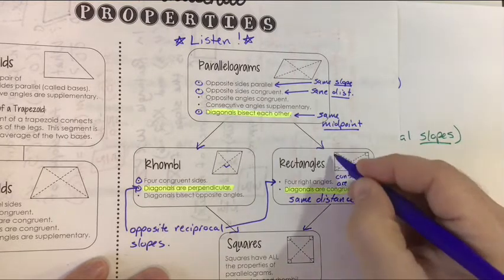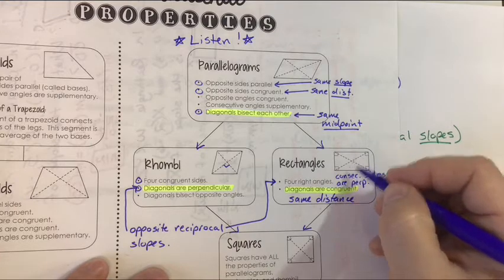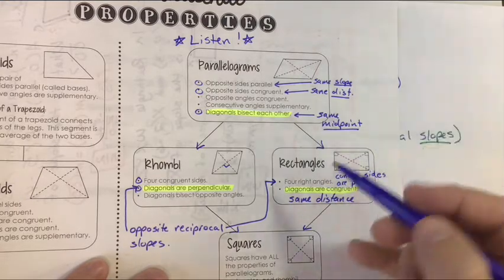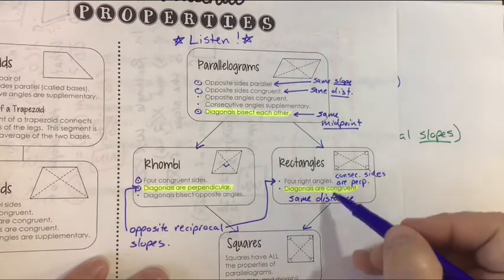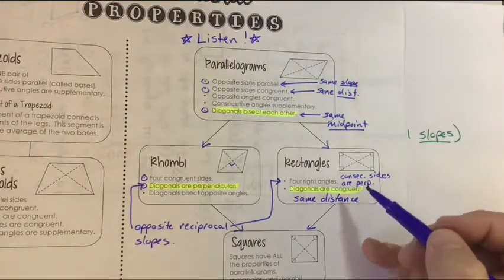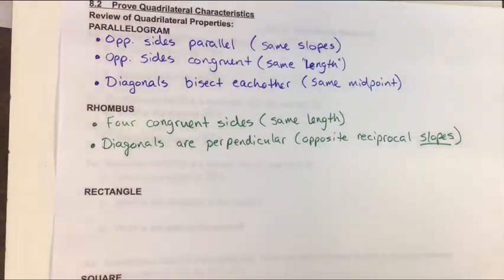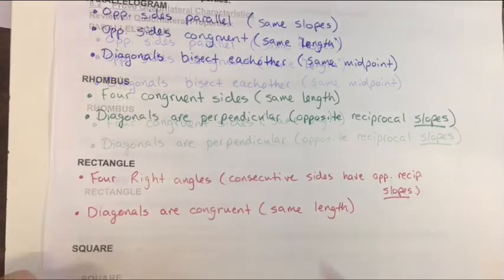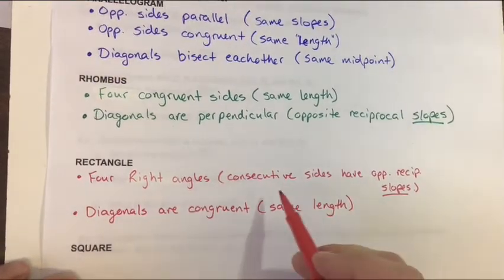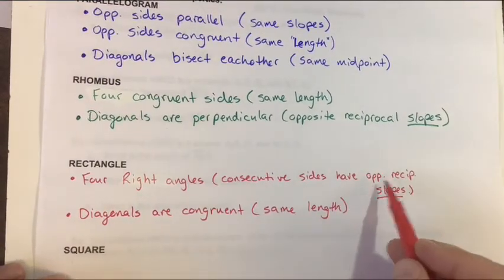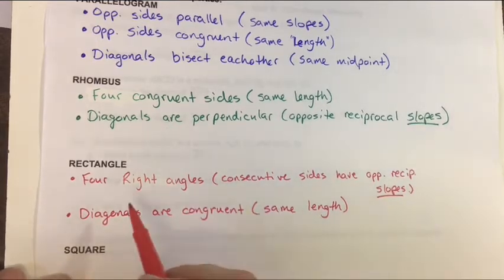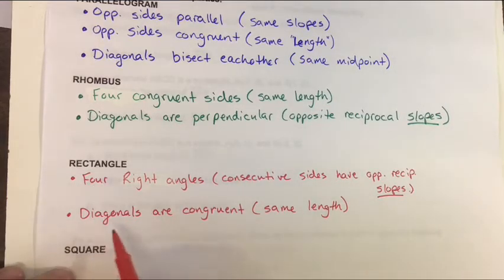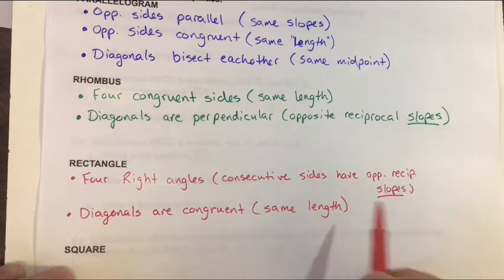All right, and so I could use the slopes of the consecutive sides to show that those are right angles. And then diagonals are also congruent, so we can use the distance formula there. So these are the two we want to use for rectangles. Okay, if there are four right angles, that means consecutive sides have opposite reciprocal slopes. And the other characteristic of rectangles is that diagonals are congruent, which means they have the same length.